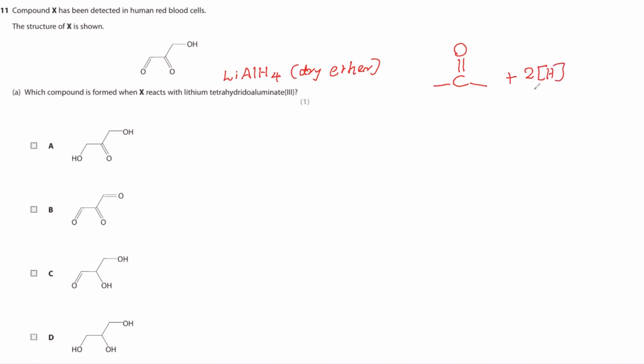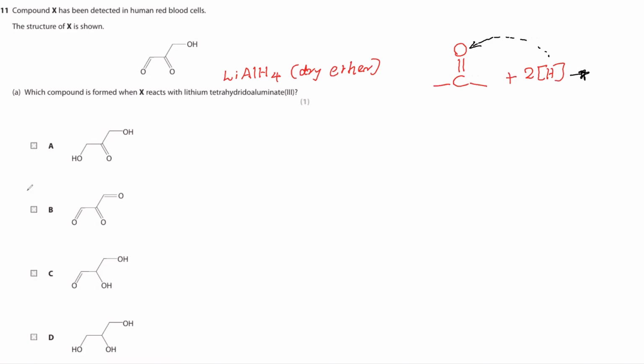So two hydrogen atoms come, one hydrogen atom goes here, making this oxygen atom into OH. So there will be a single bond between the carbon atom and the oxygen atom.